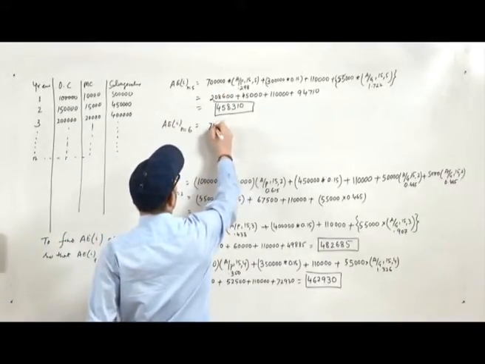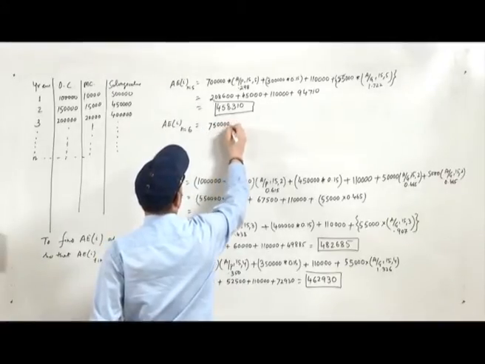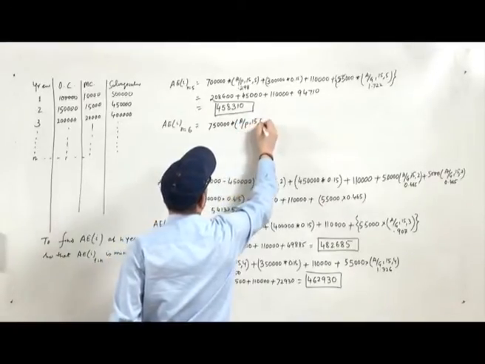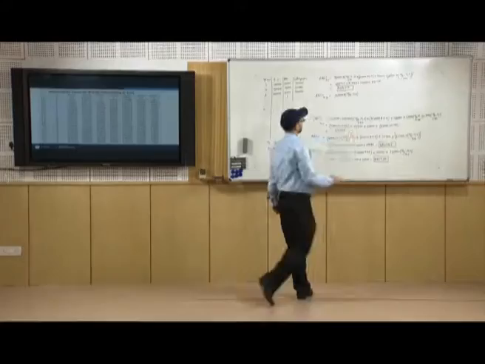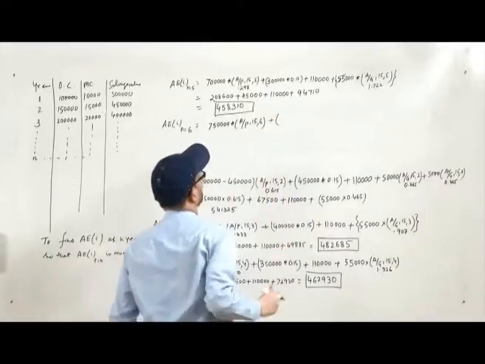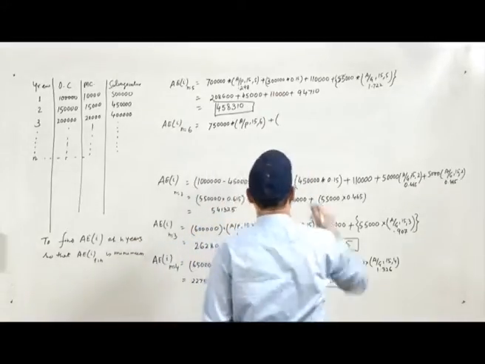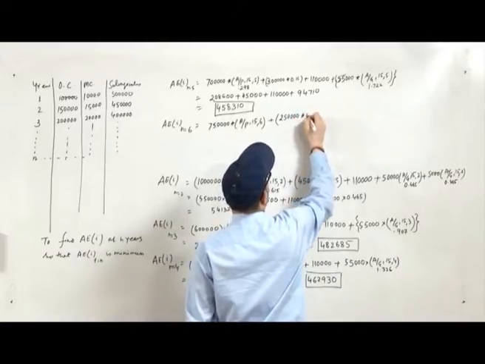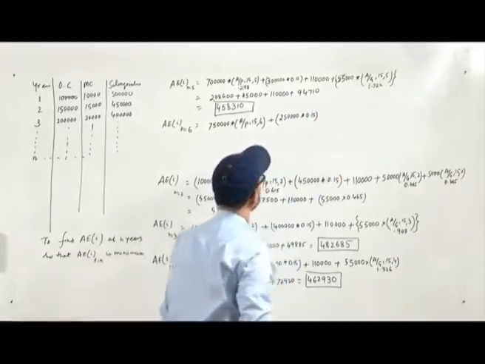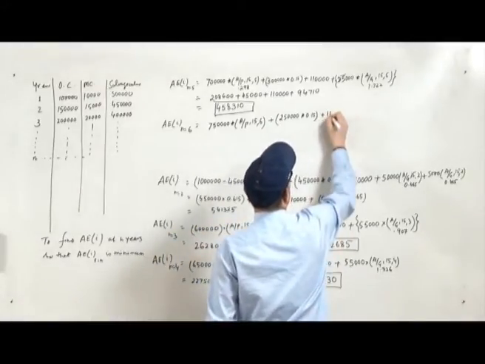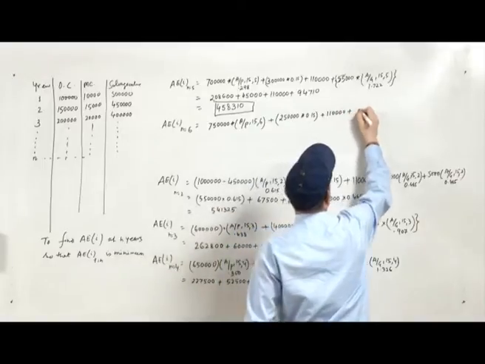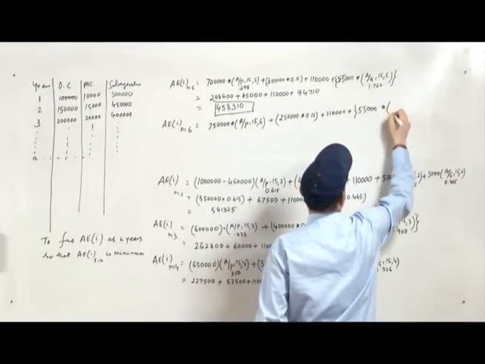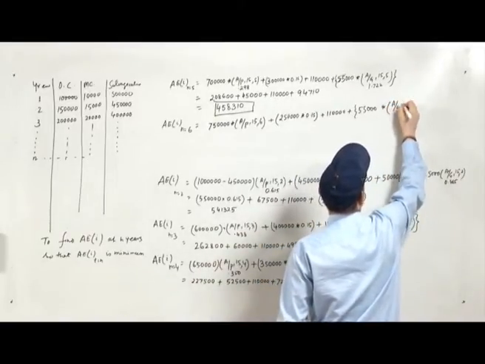So, this will be 750,000 multiplied by A by P 15.6, plus this amount will further decrease, so this will be 2,50,000 multiplied by 0.15, plus 1,10,000 plus 55,000 multiplied by factor A by G 15.6.